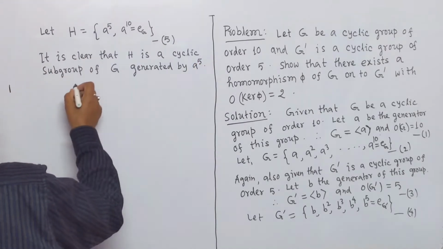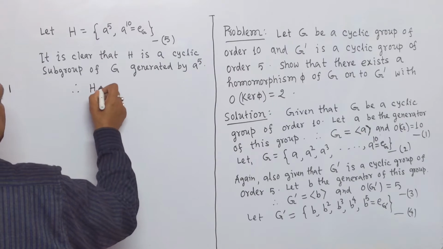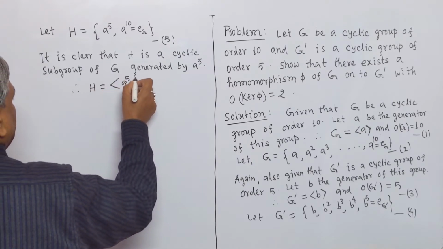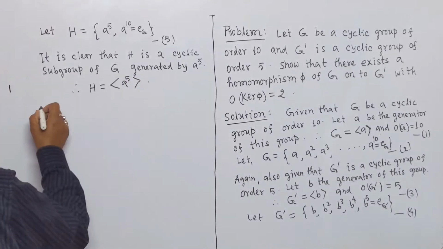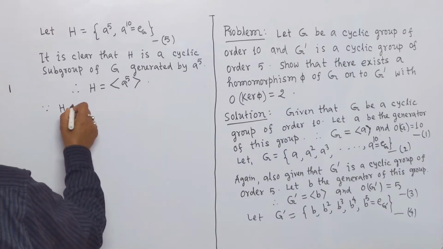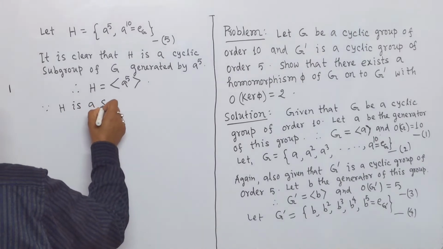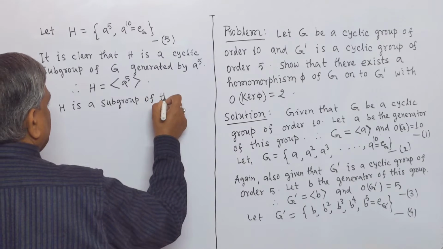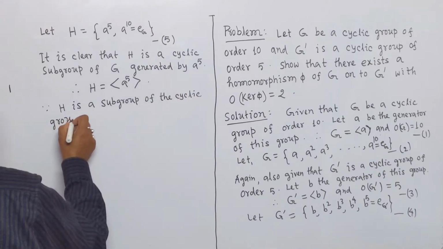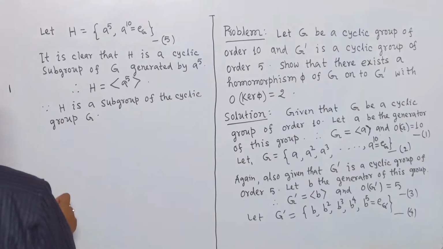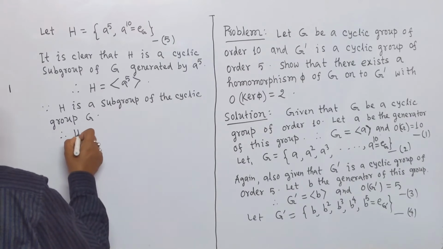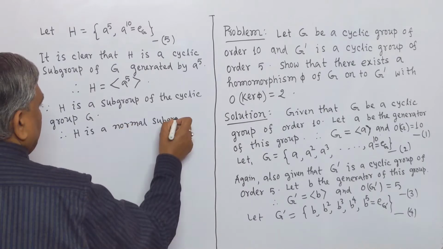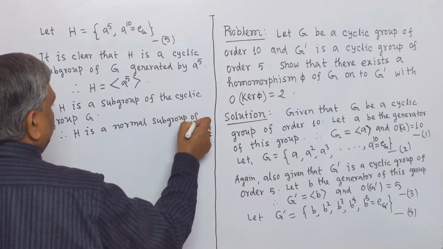Therefore, H is written as cyclic group generated by A to the power 5. Since H is a subgroup of the cyclic group G, therefore H is a normal subgroup of G.